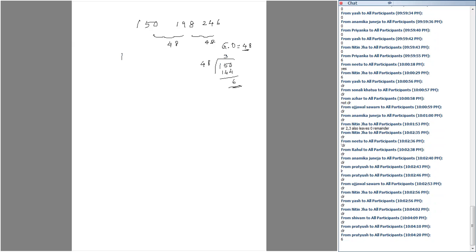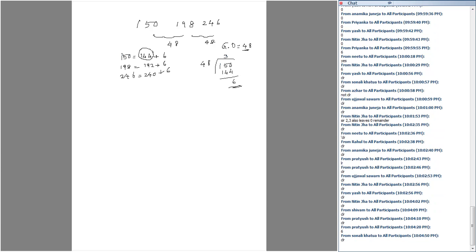Now, for example, 150 can be written as 144 plus 6. 198 can be written as 192 plus 6. And 246 can be written as 240 plus 6. How many are clear with this? Any factor of 48 will divide this or not?